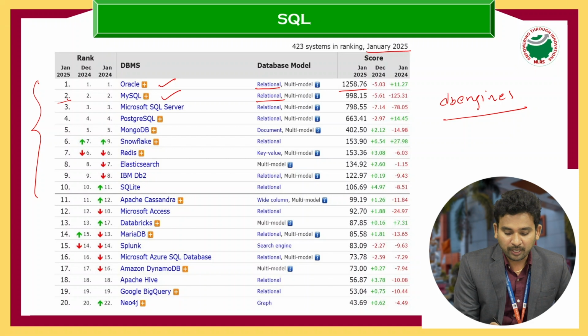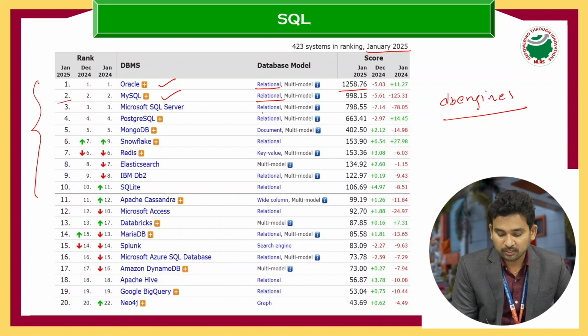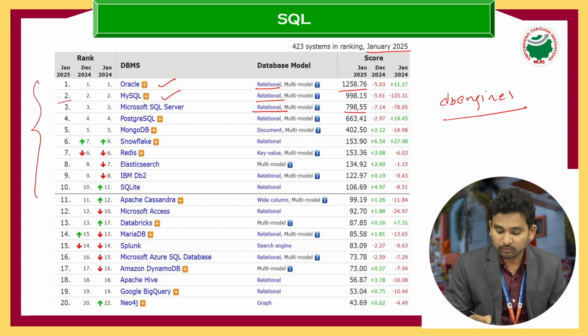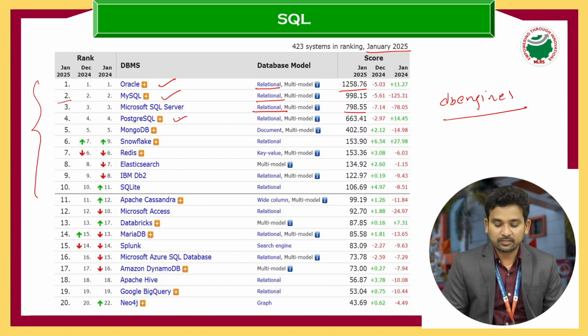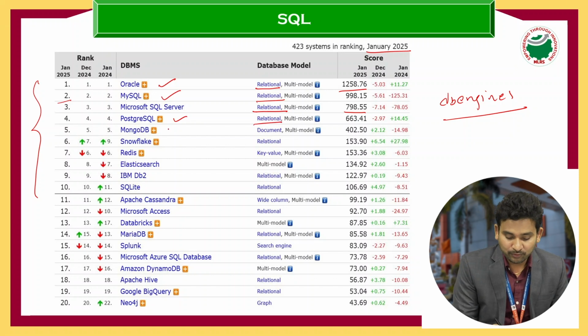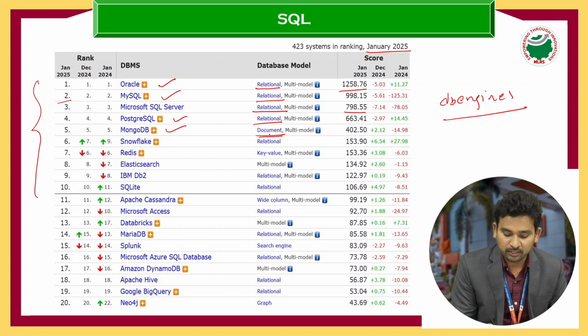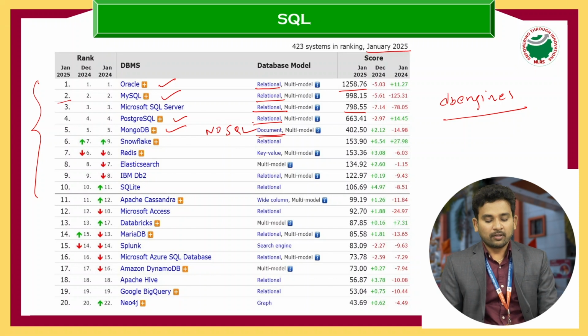The third one is Microsoft SQL Server, also a relational database, with a score of around 798.55. The fourth one is Postgres, which also comes under relational database. The fifth one comes under document; for the time being, forget about document, it comes under NoSQL databases.